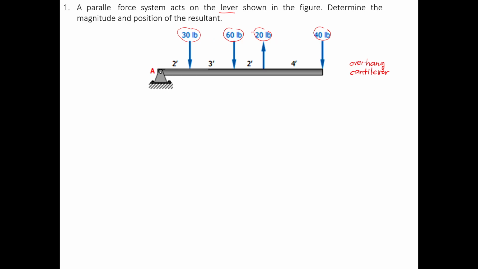So most likely the resultant is also going downwards, because what's against the three forces going downward is only a 20-pound force going up. So let's say our resultant will be in this direction. Since we don't know yet the exact location of the resultant, let's say this is the location of my resultant force, R.